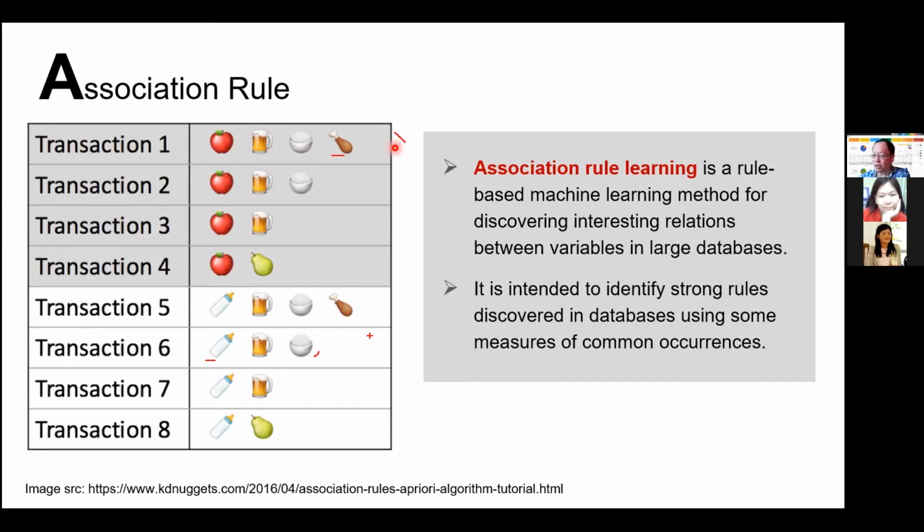For example, Walmart in the US or Target, I don't remember, analyzed all the purchase patterns of people, and they found that most people buying milk, children's Pampers, and beer together.